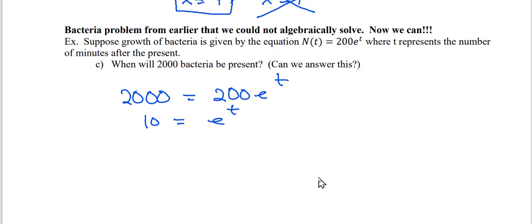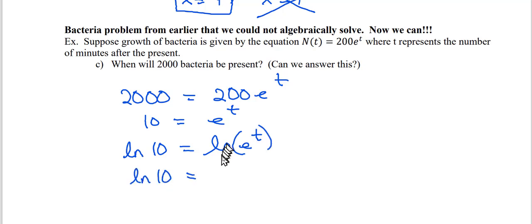Well, now we have a technique for solving this. This is an exponential function because we have a variable in the exponent. So I'm going to take the natural log of both sides of this equation. Natural log of 10. Natural log of e to the t is just t from that property that we had where log base a of a to the n was equal to n.